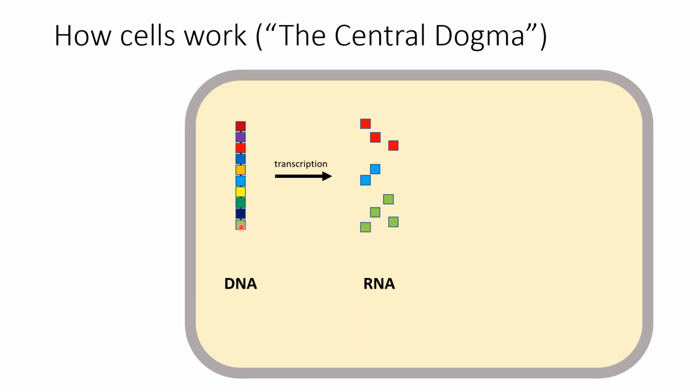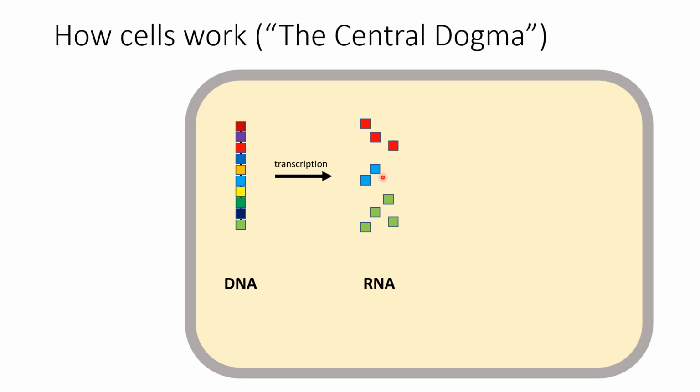It carries the information from DNA in the process of making protein, and so is called messenger RNA or mRNA. I'm not going to talk about the other classes, and I will use the words RNA and messenger RNA almost interchangeably.